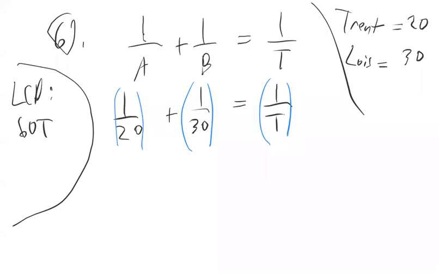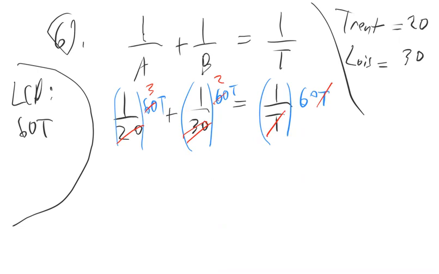We're going to multiply them each by 60t, 60t, and 60t. Then we're going to reduce them. So 20 goes into 60 3 times and leaves you with 3t. 30 goes into 60 2 times and leaves you with 2t. And then t cancels into the t and leaves you with only a 60.